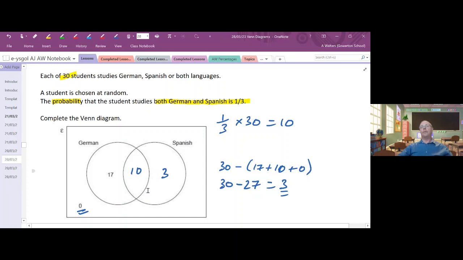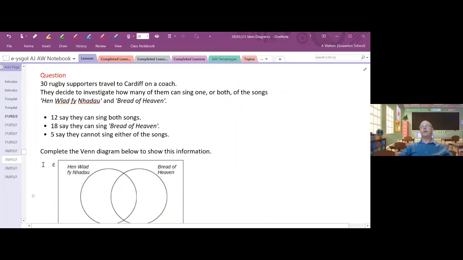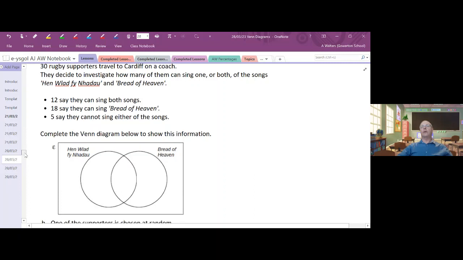We'll look at another one. Okay. Right. 30 rugby supporters travel to Cardiff on a coach, so I'm going to highlight 30. They decide to investigate how many of them can sing one or both of the songs, Hen Wlad Fy Nadau and Bread of Heaven.